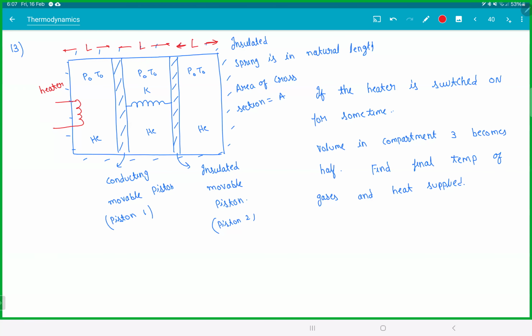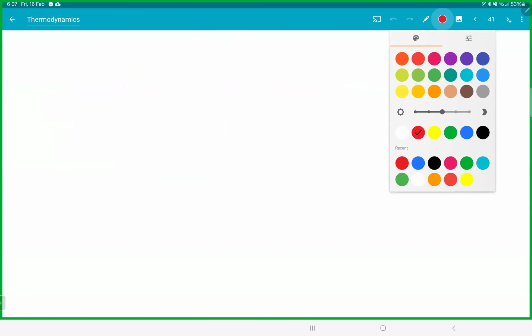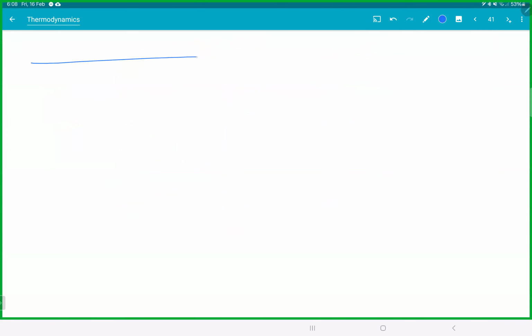Did you guys get the final diagram? Let me show you the final diagram. I'm getting a feeling data is not sufficient. So we have no idea how much actually these things have moved.